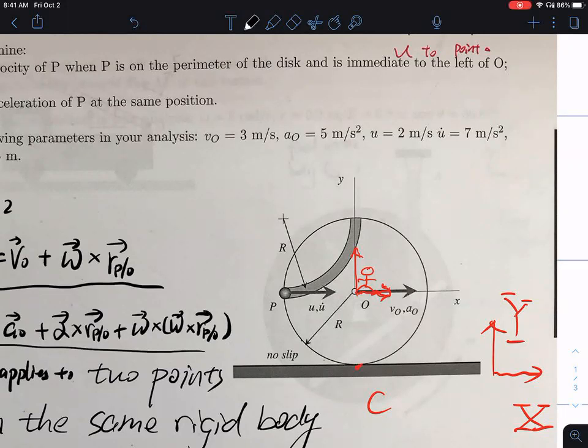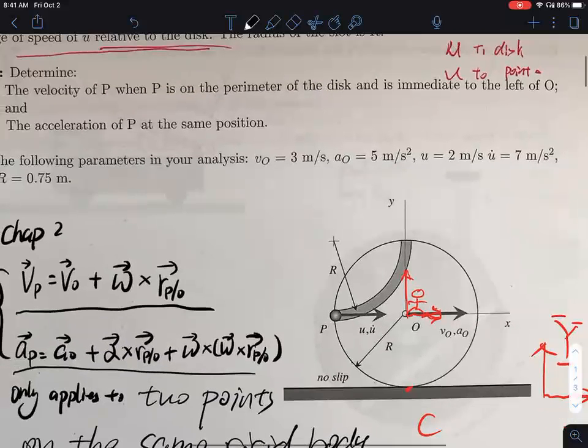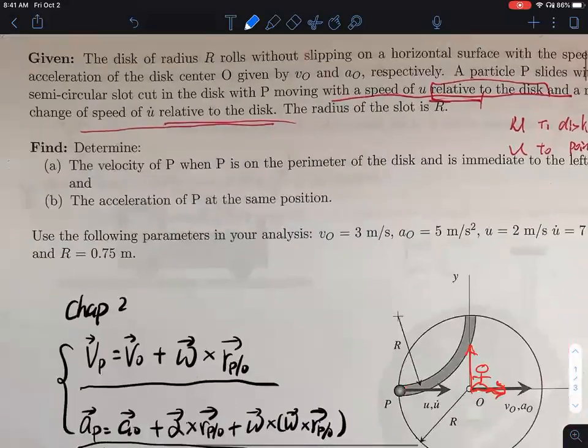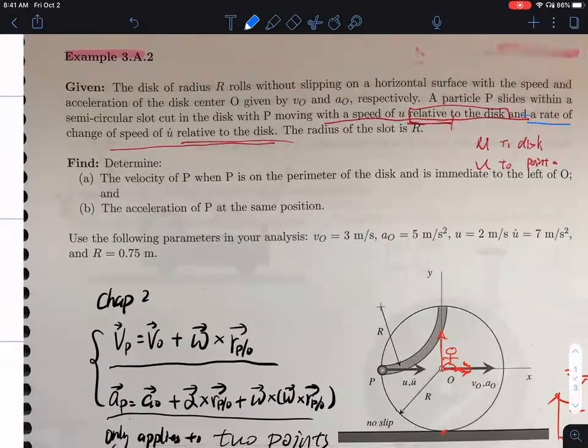Maybe another question. What's the shape of the track particle P is moving on? It's a semicircle. From chapter 1, can we use any of the stuff we learned to express the velocity of particle P? Just want to remind you again, in this problem we have a keyword here: rate change of speed.